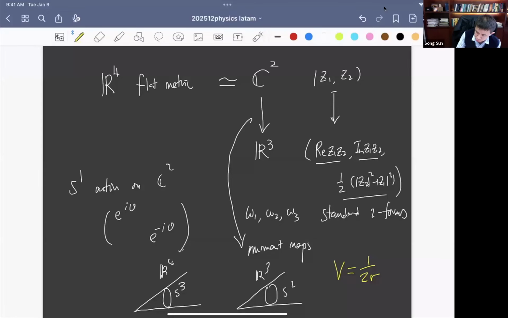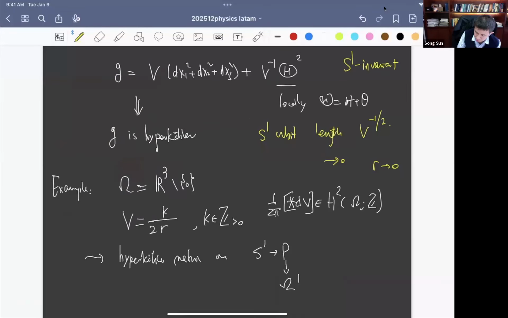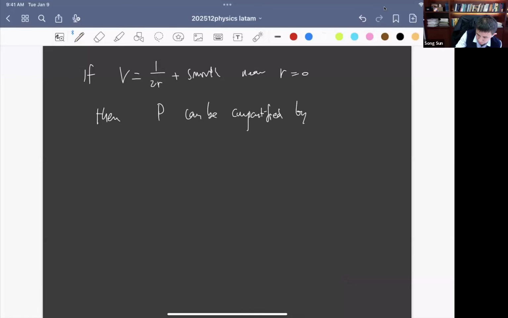So this is the case K equals 1. The fact is that if V behaves like 1 over 2r plus something smooth at r equals 0, then this can be compactified by adding one point, the fixed point of the S1 action, into a smooth hyperkähler metric.